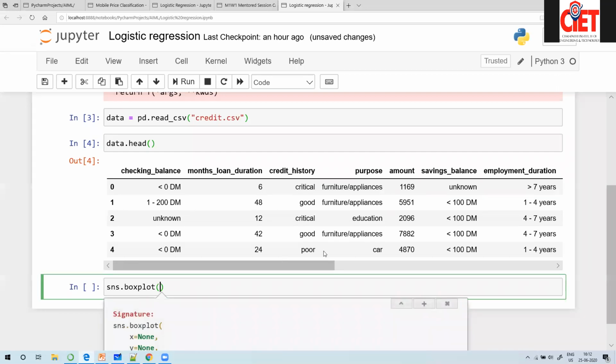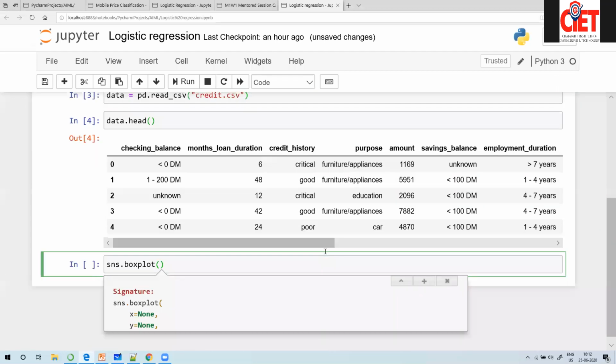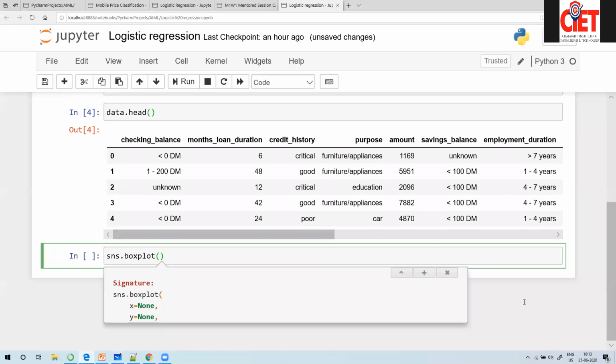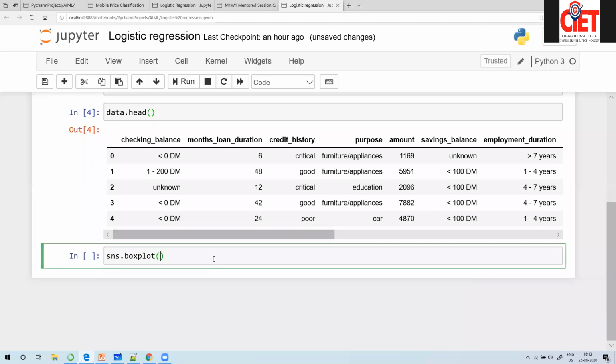If you want to know the help, details, what should be there on x-axis, y-axis, etc. Now x is equal to default, and on y-axis we are going to put months loan duration, and data is equal to credit.